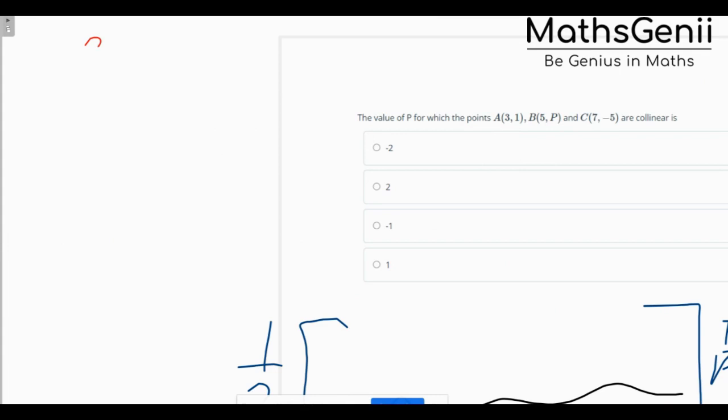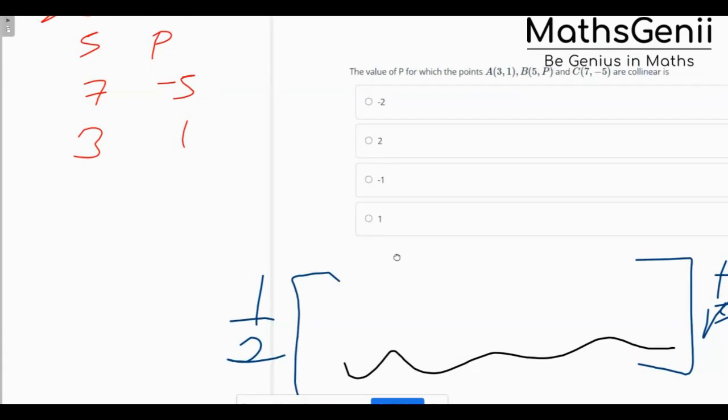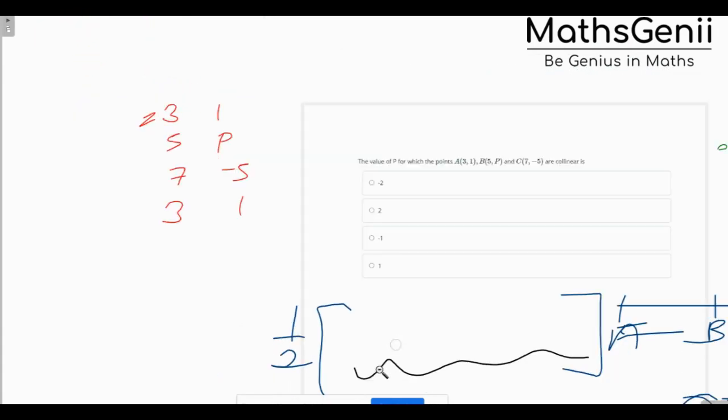First copy these points: 3, 1, 5, p, 7, minus 5. Always write the first point again. Now, how to fill the bracket? Look at it very carefully. 3 into p minus 5 into 1.